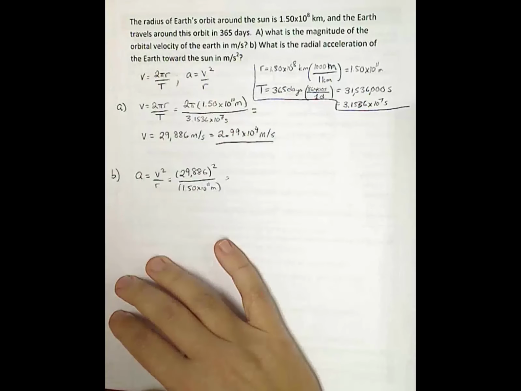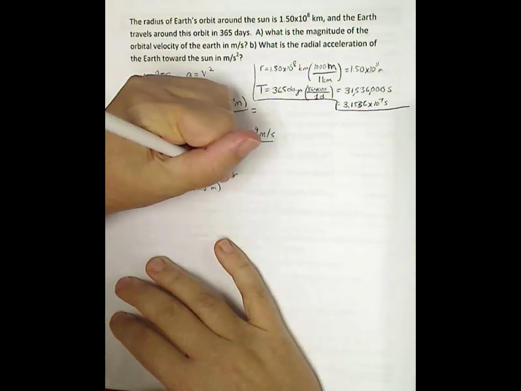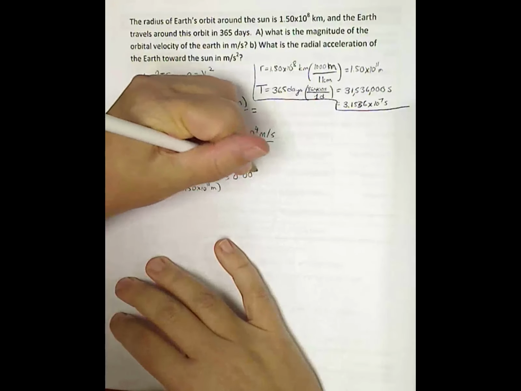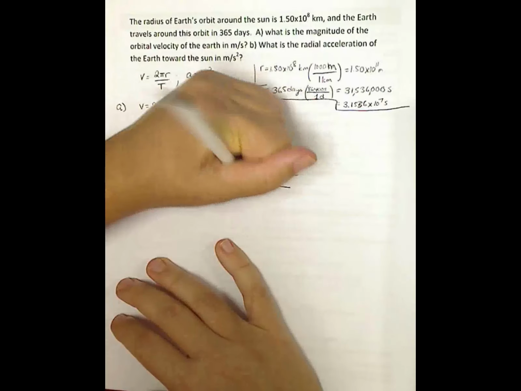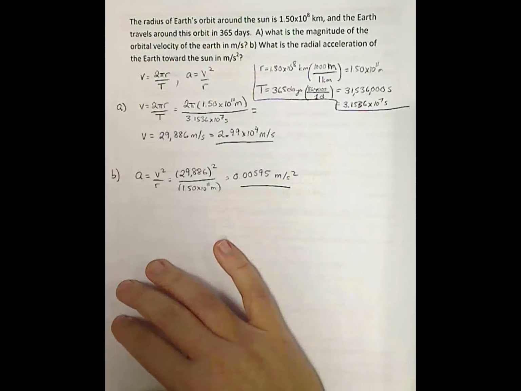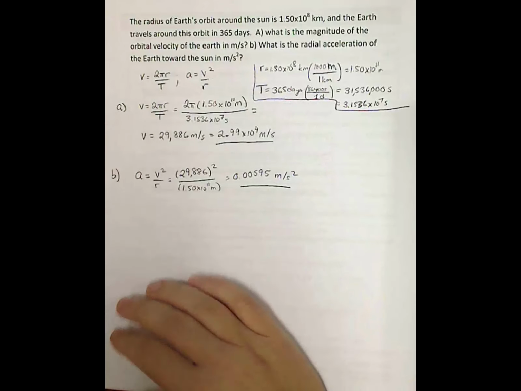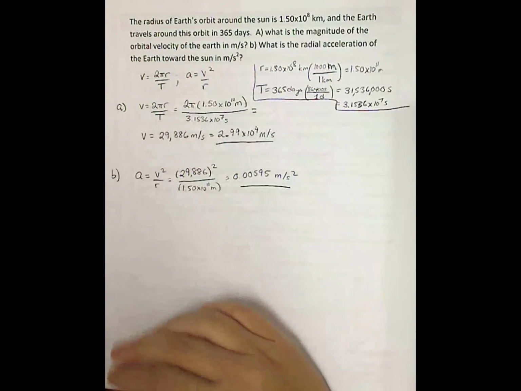Plug that in your calculator, and you get a small acceleration, 0.00595 meters per second squared. Okay, so pretty easy. We will only have 2 different equations for circular motion, one for v and one for a.